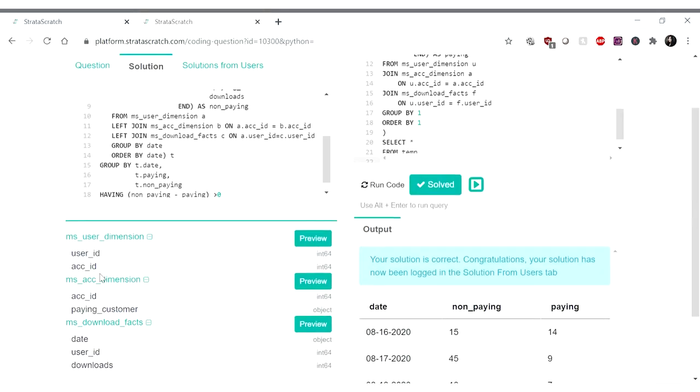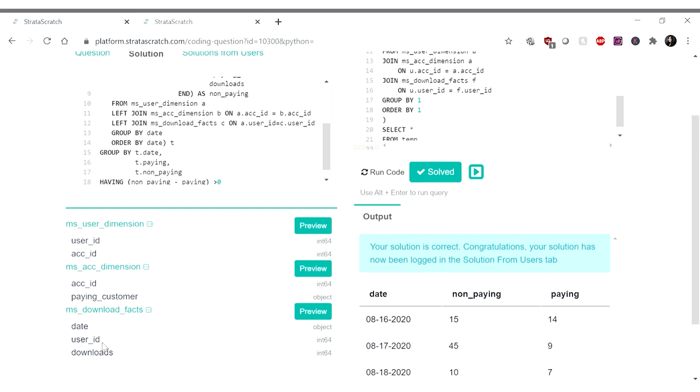My reasoning is that if you're joining together the user dimensions and then the account dimensions, and it doesn't exist on account dimensions, then you wouldn't know if they're a paying customer or not. You would just get a bunch of nulls in that case. And then same over here.